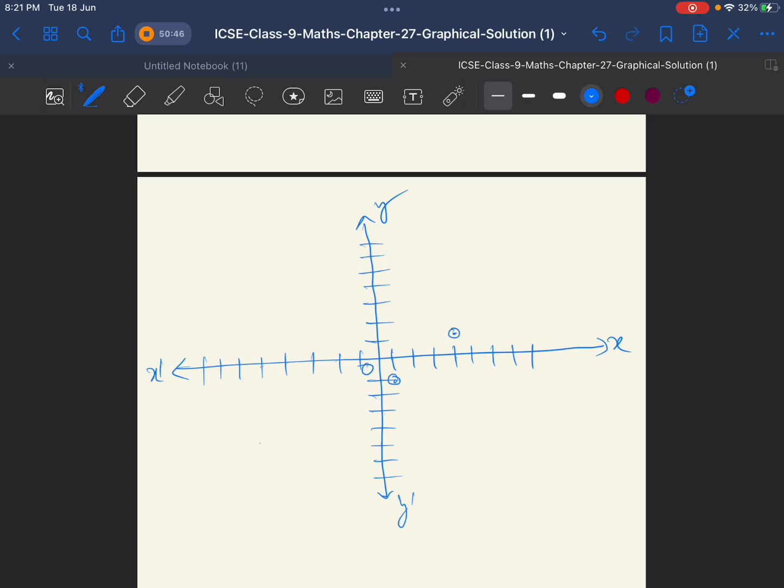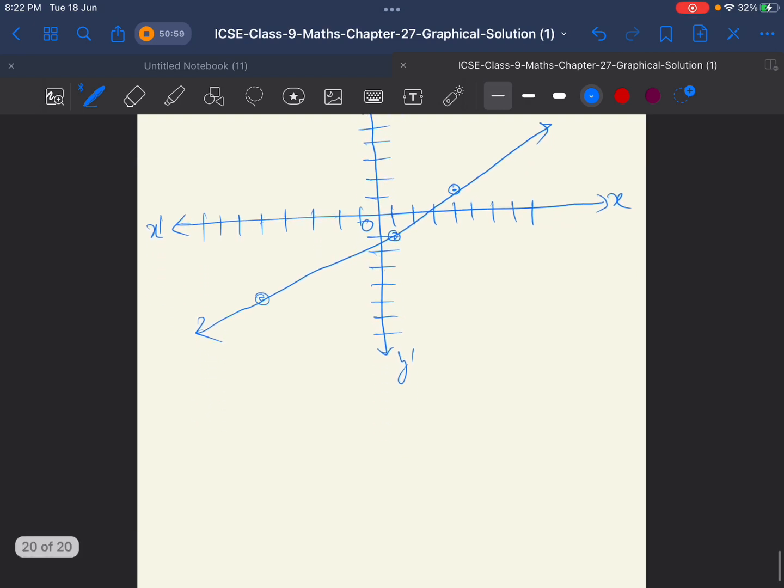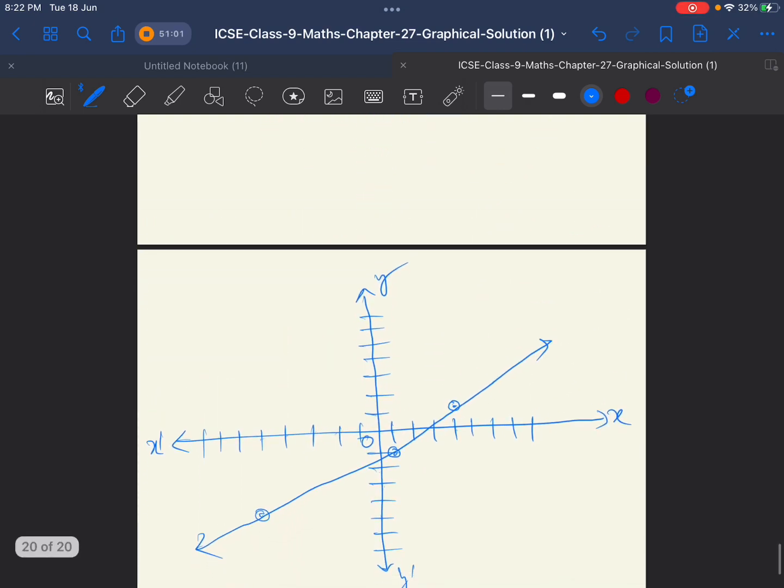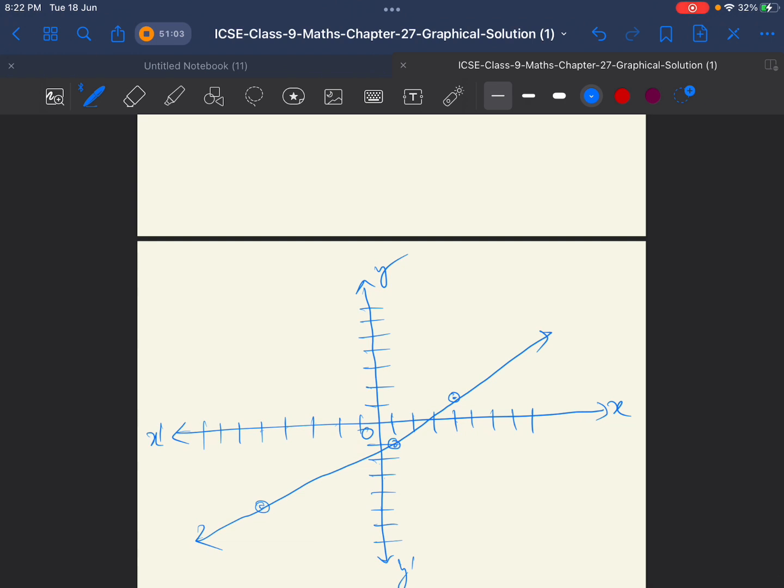Okay, minus 5, counting 1 2 3 4 5, this point will be here. So we draw a straight line, this is a straight line. Okay, now see this question.